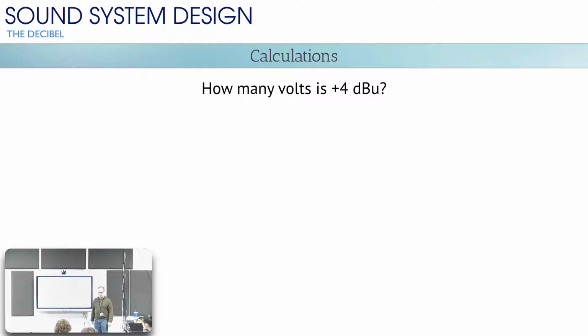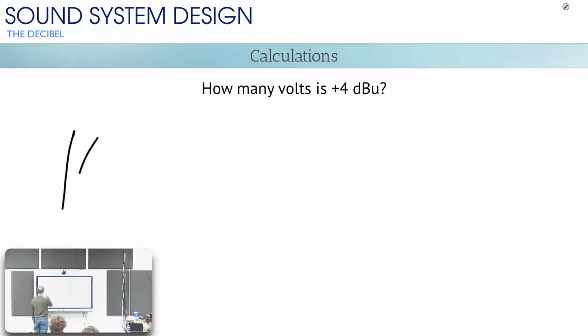Okay, what about professional equipment? Remember when I said that professional line level is plus 4 dBu? I did say that. So how many volts is that? Well, it's the exact same problem. I just need to know what is the force ratio for plus 4 dB. That's the first thing I want to figure out.